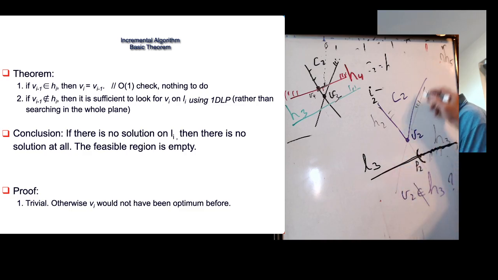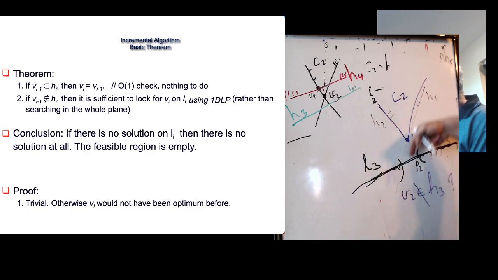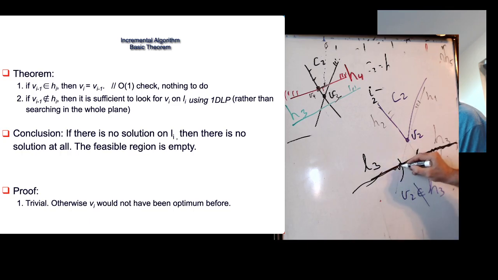But I'll also look at H1, compute the intersection point, and this half plane tells me your solution needs to be to the left of P1. Again, your solution should be on the line L3 to the left of P1, but to the right of P2.